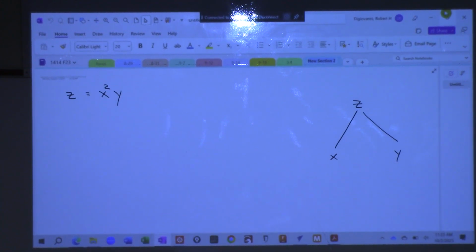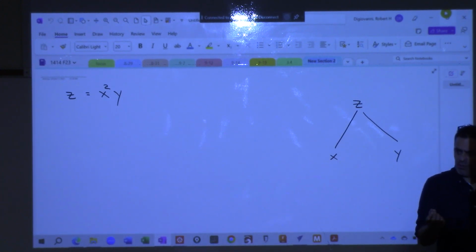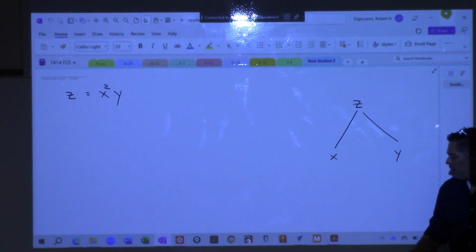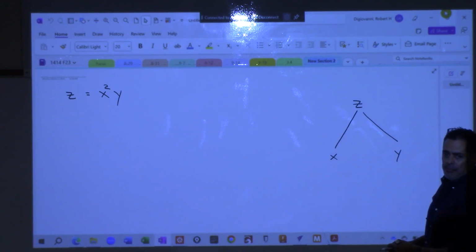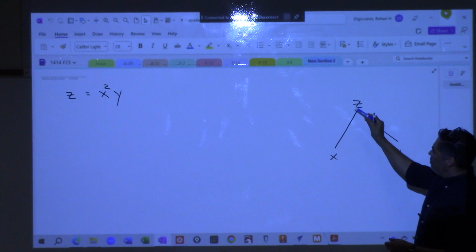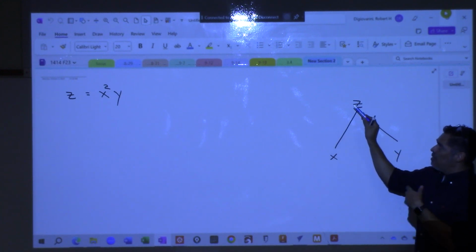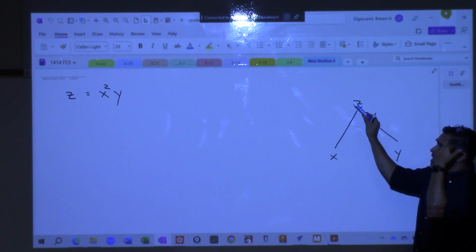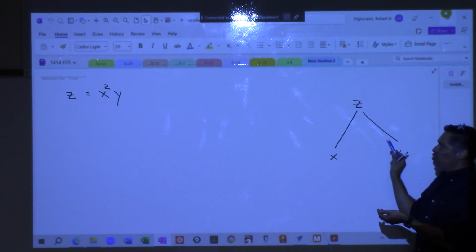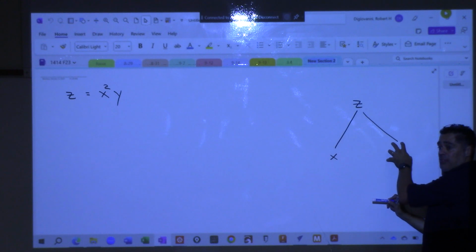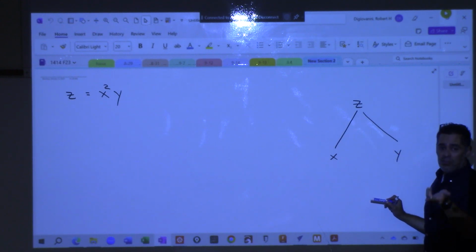And because I now have two branches, I cannot ask you for a single derivative. I can ask you for two different derivatives. The first derivative is a derivative that goes down this branch. And that would be what? Yeah, so this would be the derivative. You're wanting to say this is dz/dx, right? But because we have two branches, that means we would have to hold this variable constant and talk about partial derivatives.